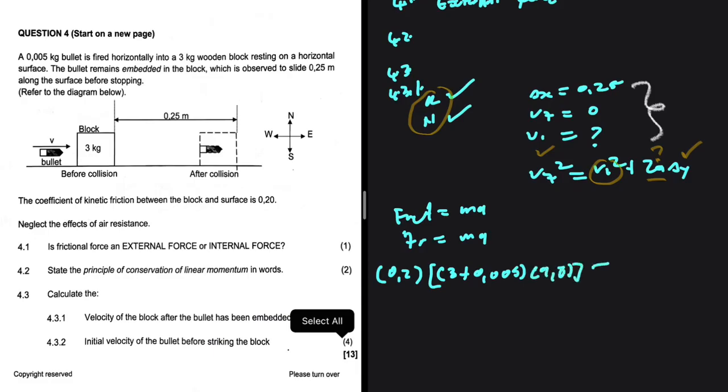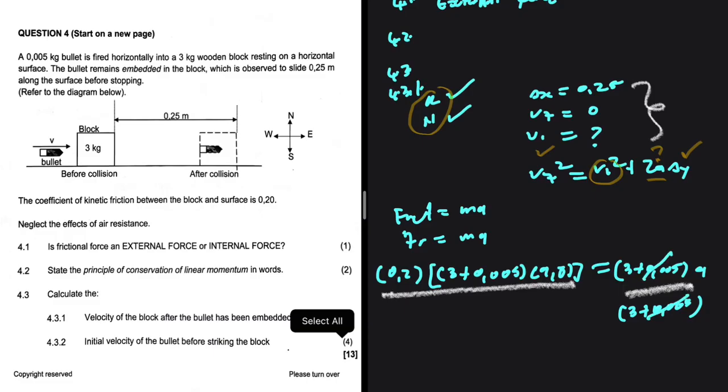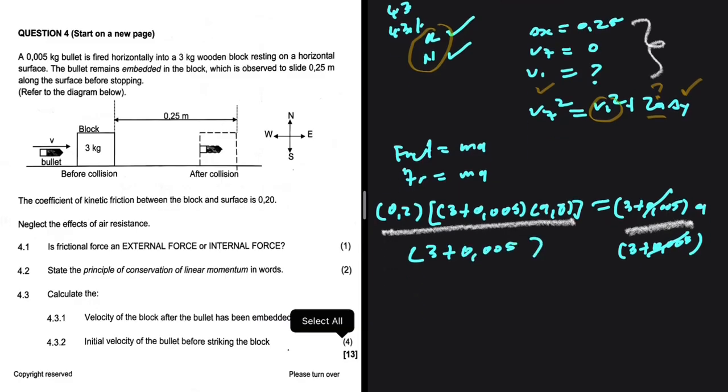This is equal to the mass, again 3 plus 0.005, multiplied by the acceleration. It is pretty obvious what we need to do now. We divide both sides by 3 plus 0.005. They cancel out on the right hand side. Our acceleration is equal to 1.96 meters per second squared.